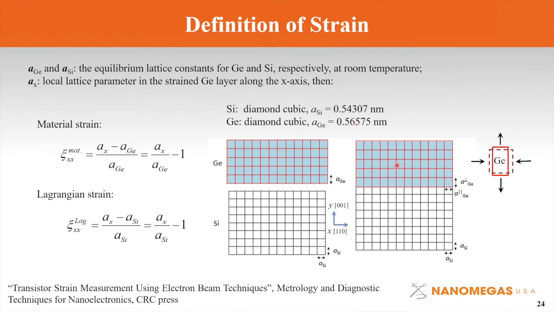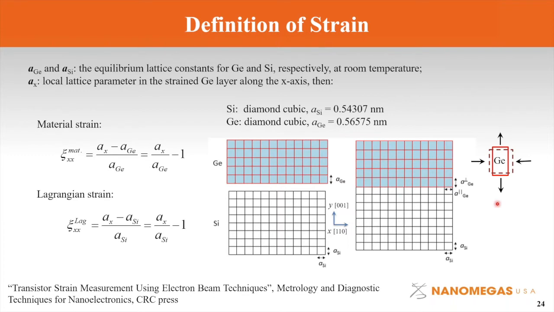If germanium is grown coherently on the silicon substrate, within this growth plane, the larger germanium unit cell will be squeezed, such that perpendicular to the growth direction, the germanium cell will be stretched. This is the so-called tetragonal distortion. And with the reference being chosen in the silicon region, this germanium cell does have some strain along this direction.